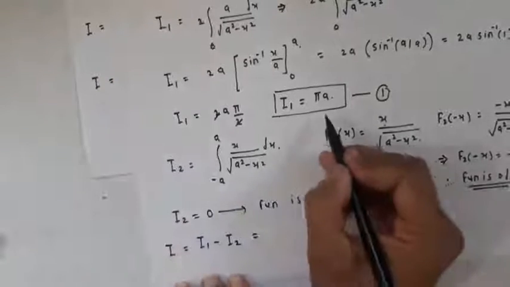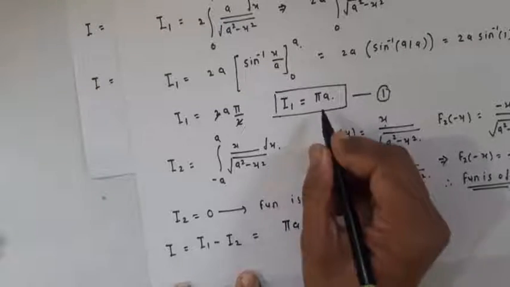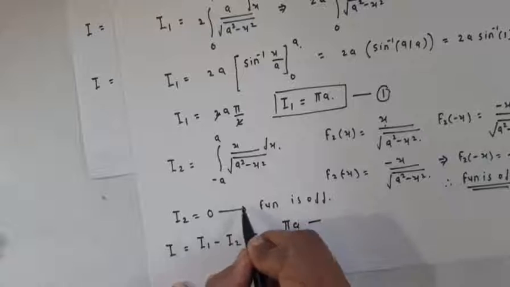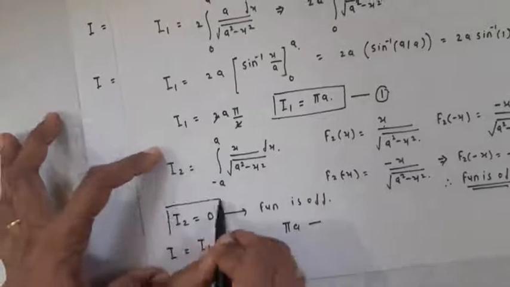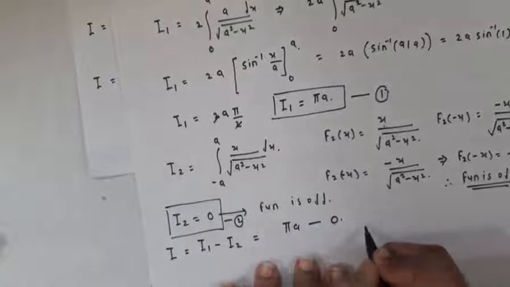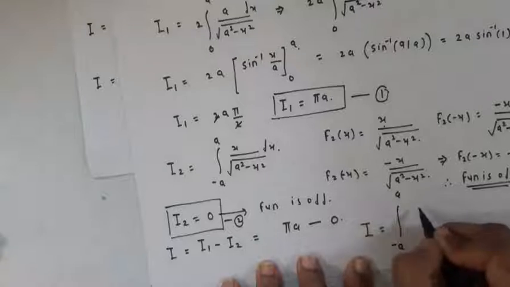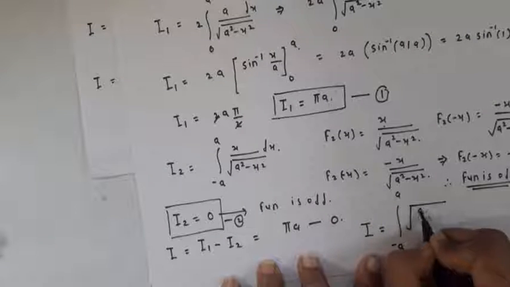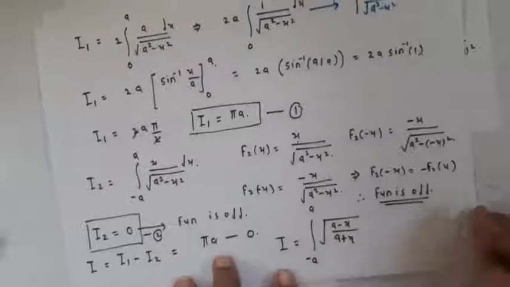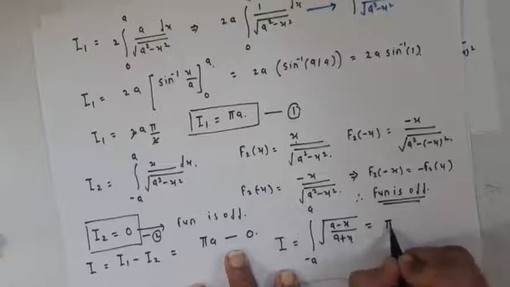I1 we have just found out, that is pi a, minus I2, which is 0. Hence the integral I from minus a to a of the square root of (a minus x upon a plus x) is pi a minus 0, which is pi a.